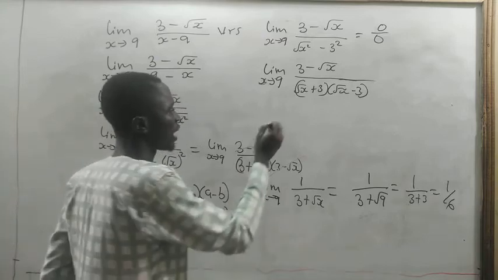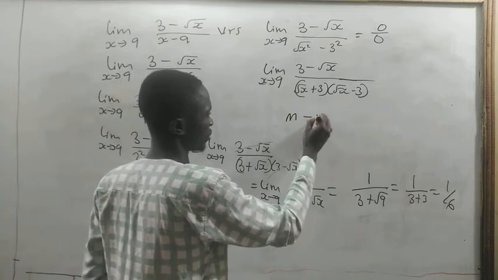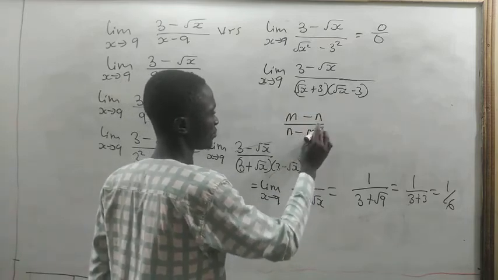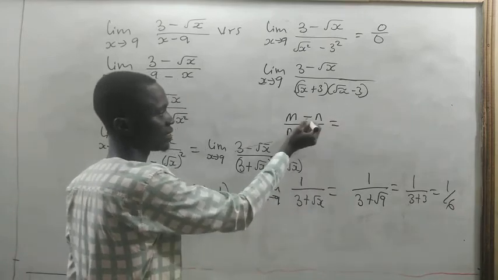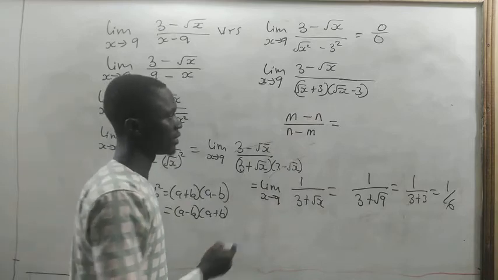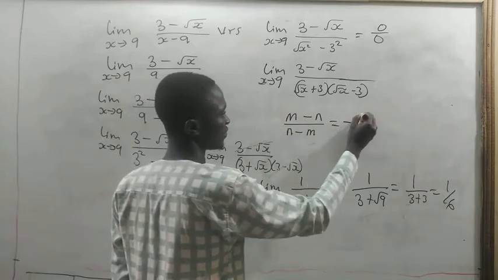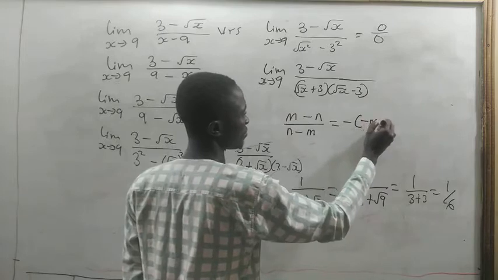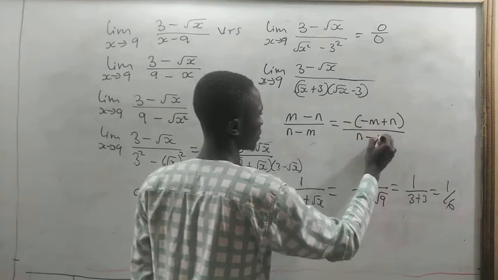Now, if you have m minus n divided by n minus m, it's the same as factorizing negative out in one of them. So let's see. If I factorize negative out here, I'm going to get negative times, this is positive, so it will become negative m plus n divided by n minus m.